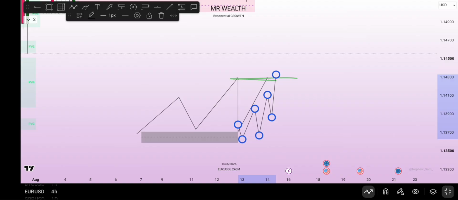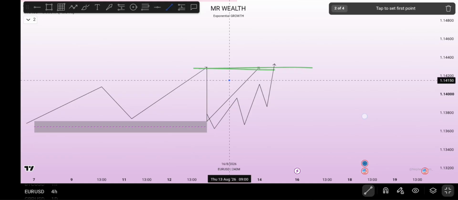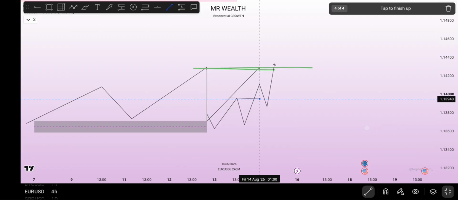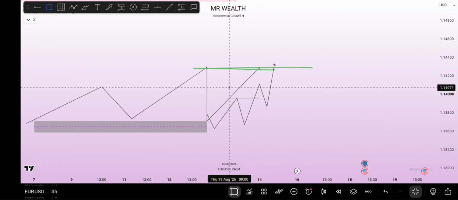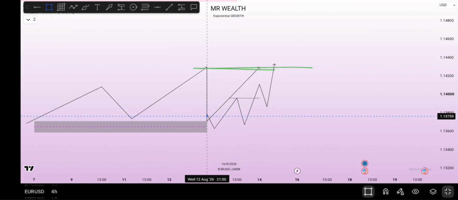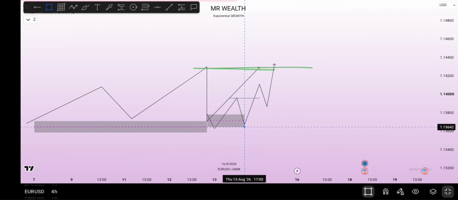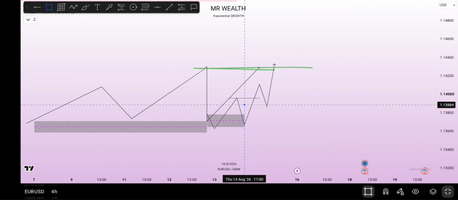So in this model, after every break of structure to the upside, we look for entries inside this POI. When it comes down, we look for entry inside this POI.